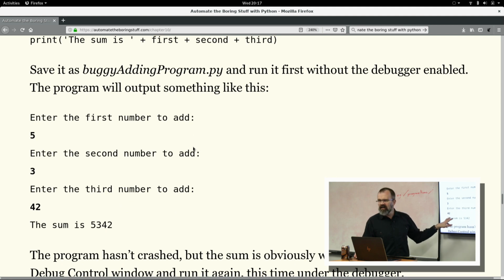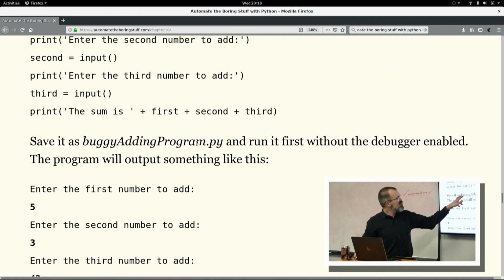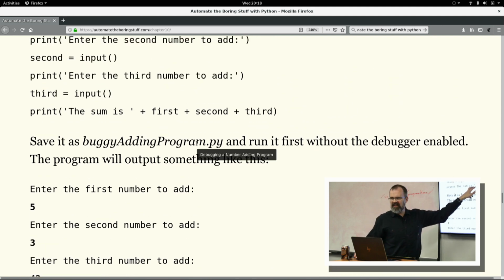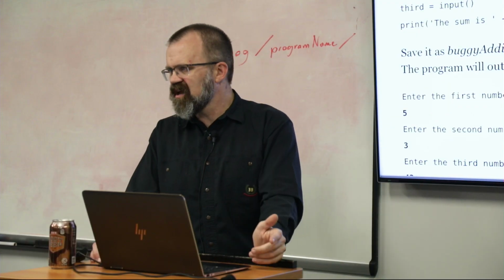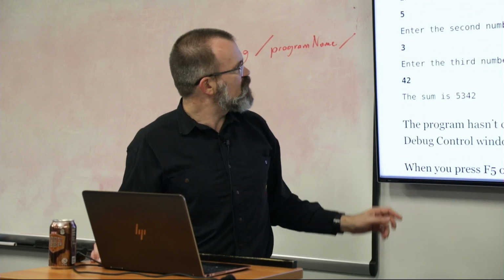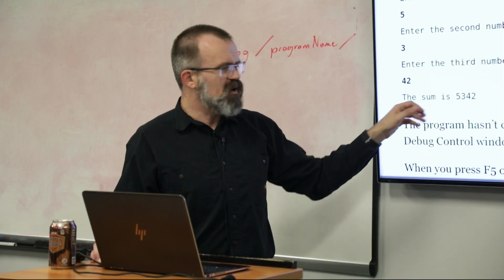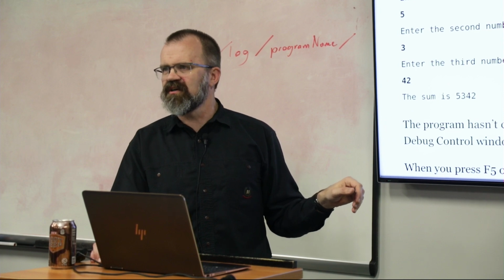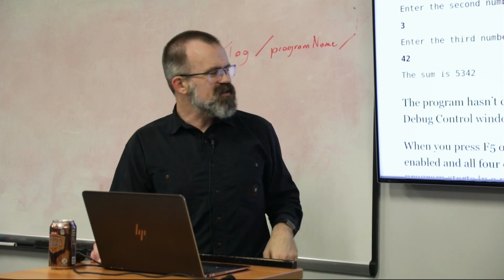And when you run it, you'll certainly notice that it doesn't look right. Okay? Because what we did is we were in the context of adding characters to a string. Python's going to try to help us out. It's going to convert the numbers to characters, and we won't get the arithmetic sum. We will get all the characters slapped together. So 5, 3, 2, well, obviously the sum is not 5,342.